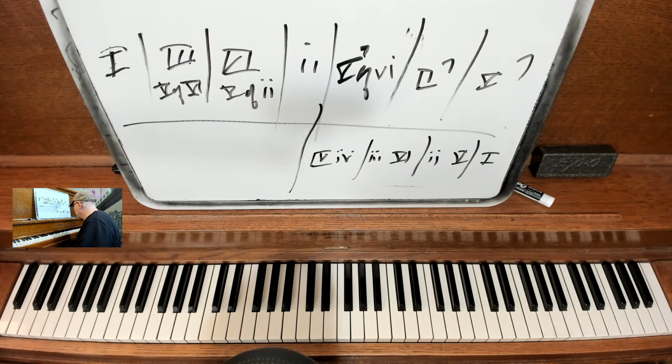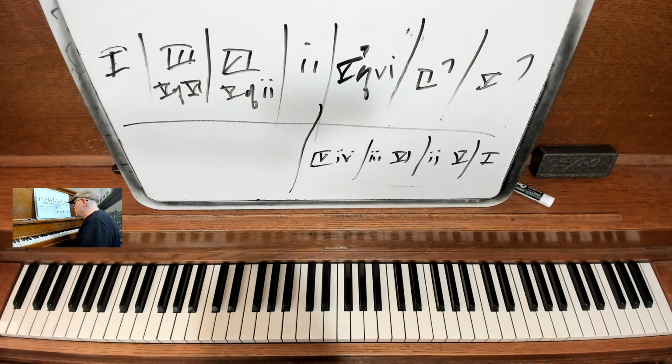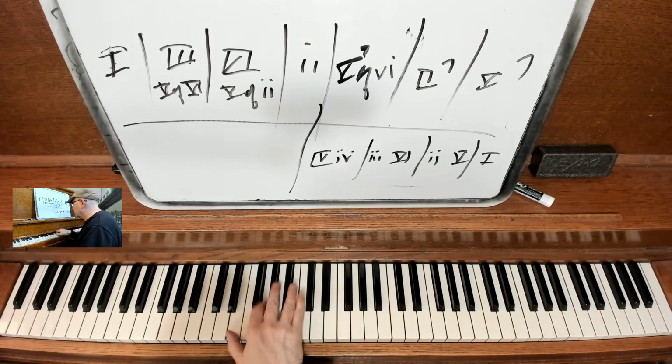And you can take bits and pieces of the song. So if we're really making it simple, the beginning of the song again, it's a triad in first inversion. That's the melody.